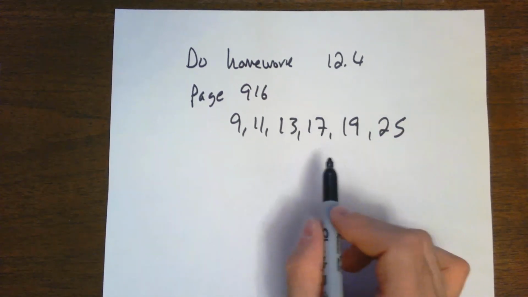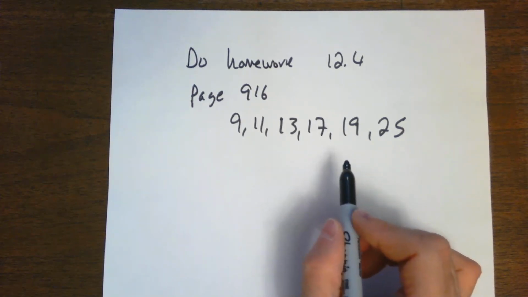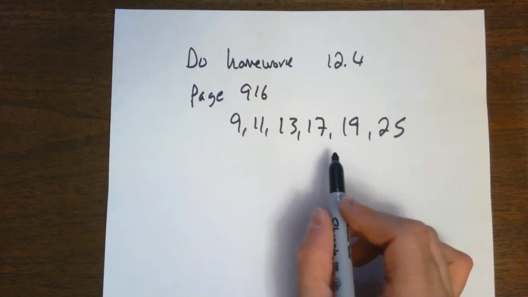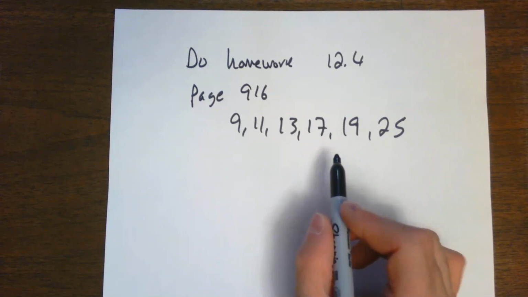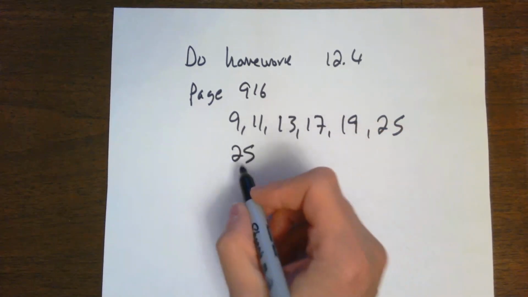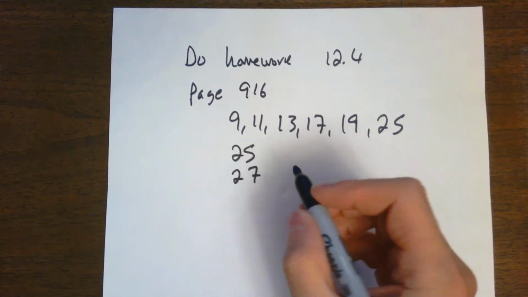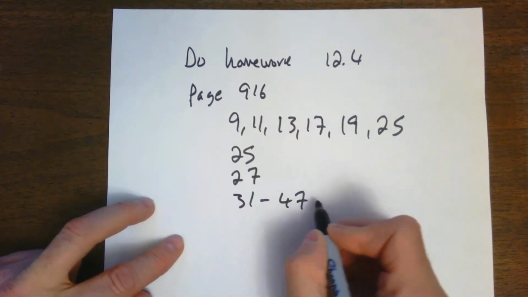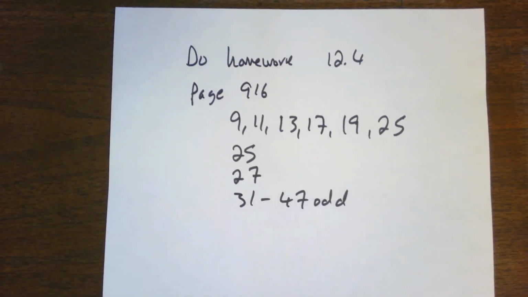All of these problems are adding, subtracting, multiplying matrices, multiplying times a scalar, and all that kind of stuff. Where we really get into the systems are the problems 25, 27, and then 31 through 47 odd.